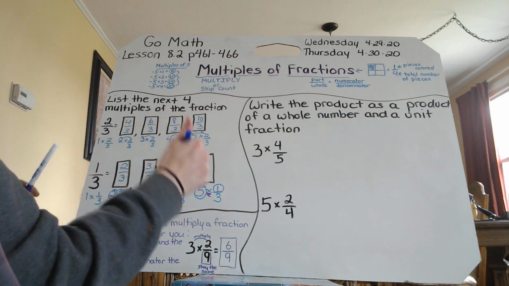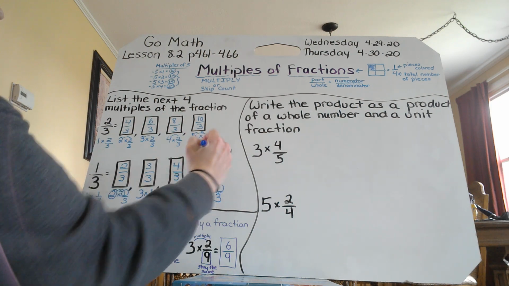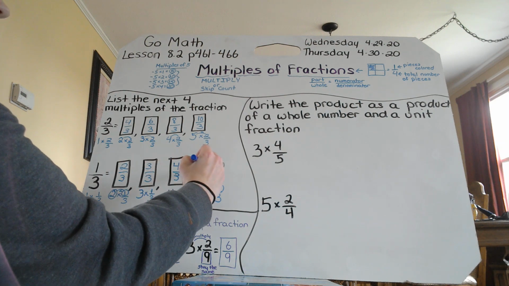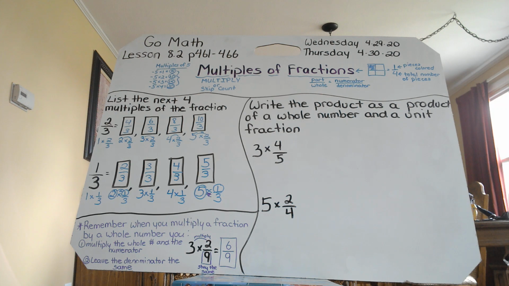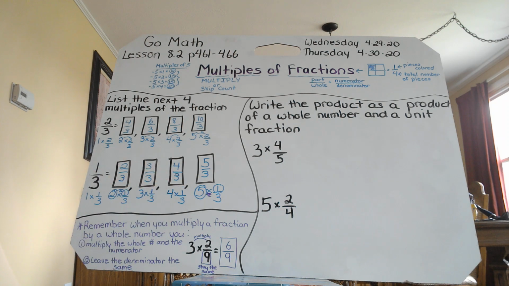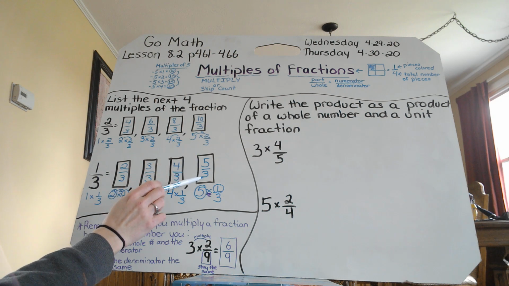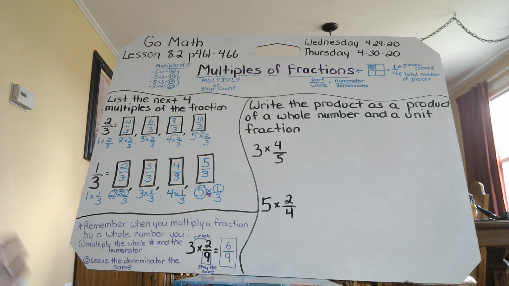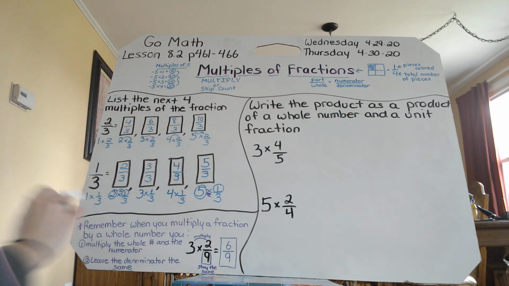So you have 5 times 1 is 5, all over your denominator of 3 because it doesn't ever change. So remember, in this case, it is okay if you leave these fractions improper. It is okay if your numerator, your top number, is bigger than your denominator, your bottom number. It's okay for these types of questions.